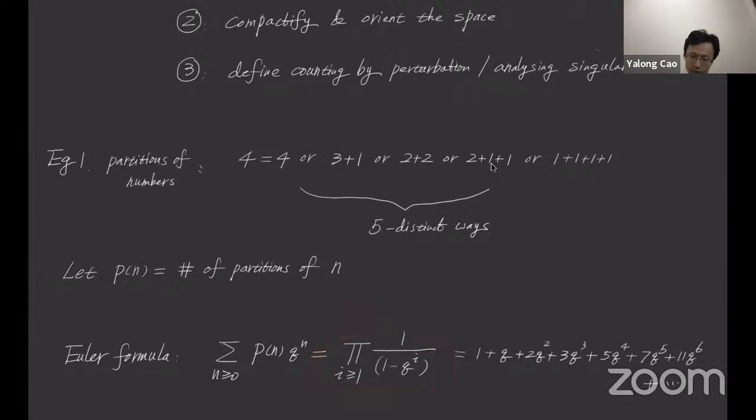For example, the first several terms are like this: 1 plus q plus 2q squared, 3q cubed, 5q to the fourth power, and so on. For example, if you want to read off the number of partitions for the number 4, we just put the power n to be 4. Then you see that we get 5 here, which is exactly the 5 here. But more generally, you can consider any n. So we can read it off from this formula.